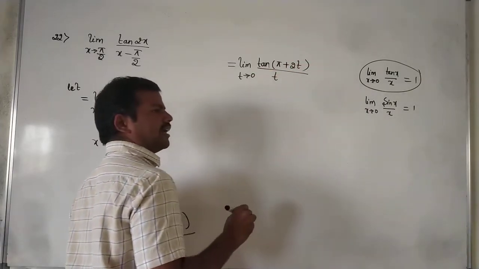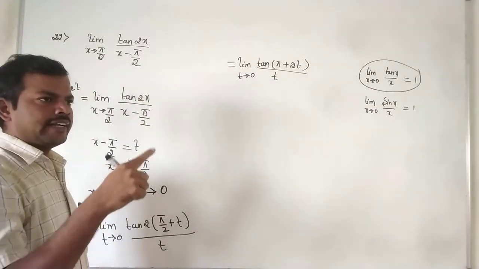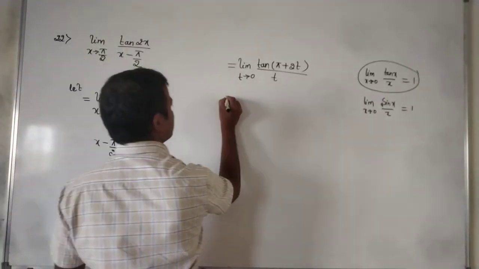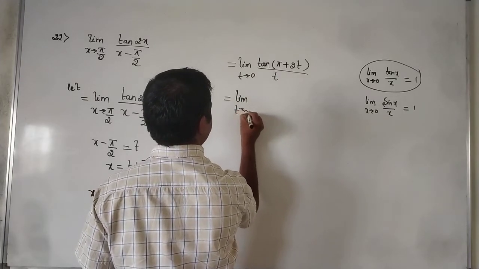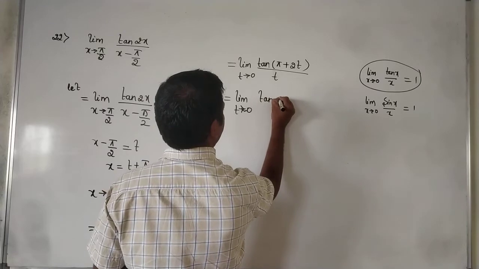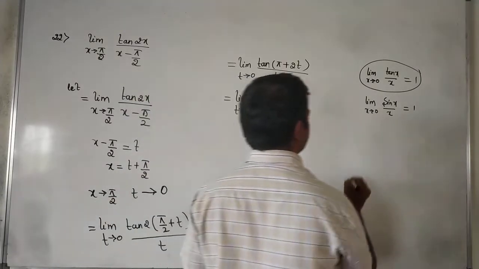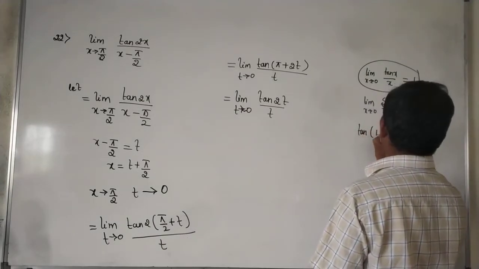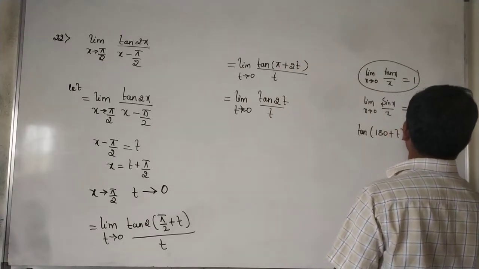We have already learned allied angles in trigonometry: tan(180 + θ) = tan θ. So this equals the limit as t tends to 0 of tan 2t divided by t.